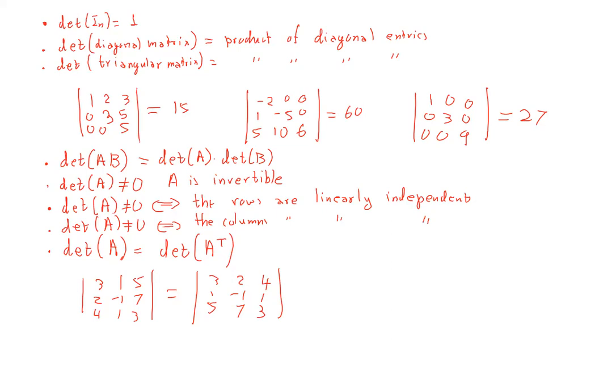Take a look at it: how this row became a column right here, and this row became a column right here. That's what the transpose symbol means. Then a matrix and its transpose have the same determinant. Any more questions, please?